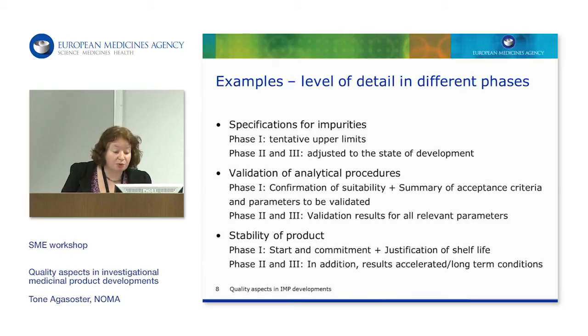Regarding stability of product, for phase 1, the stability studies should be started, and a commitment should be given to continue the study during the clinical trial, and a justification of shelf life should be given. For phase 2 and 3, in addition, results for accelerated and long-term conditions should be given.